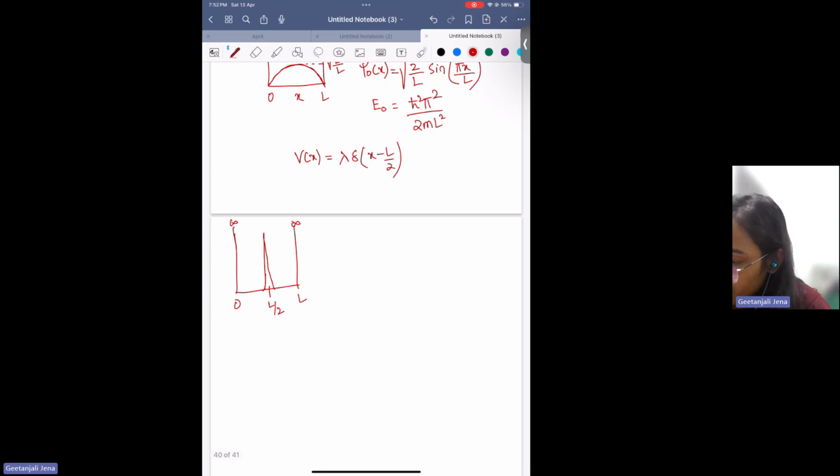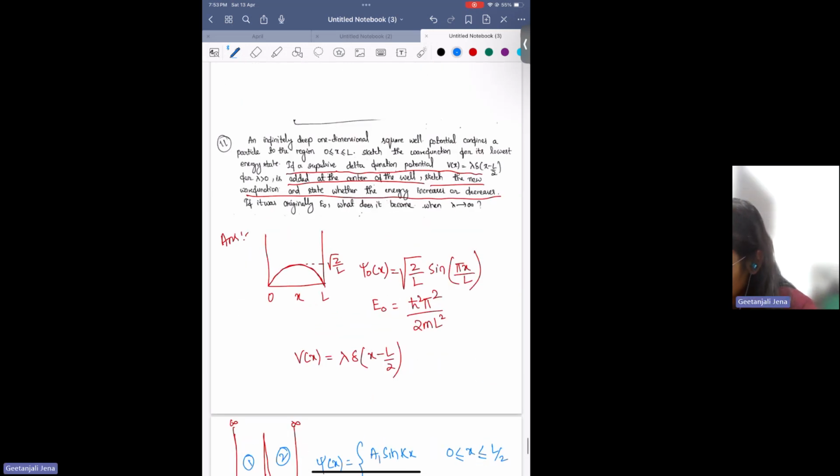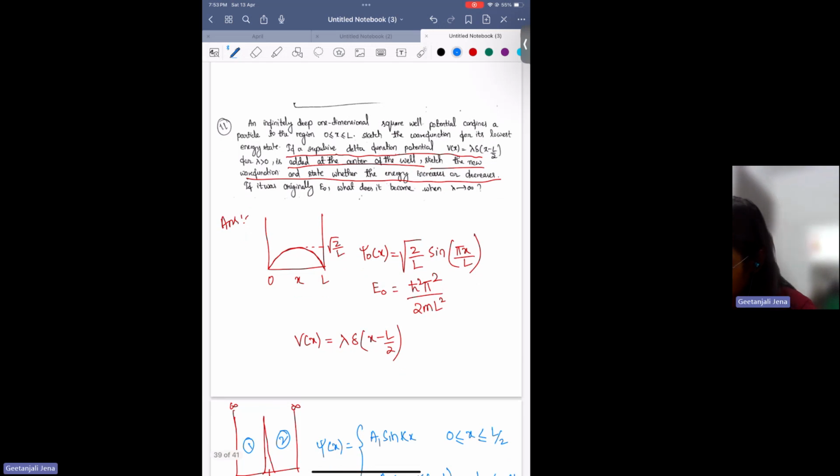In the previous question, question number 10, we saw the wave function formalism: the wave function in regions 1 and 2 is a1 sin(kx) for 0 to L by 2, and for region 2 it is minus a1 sin(k(x minus L)) for L by 2 to L. These are the wave functions in different regions. Now the question is asking about the new ground state wave function and what about the energy.